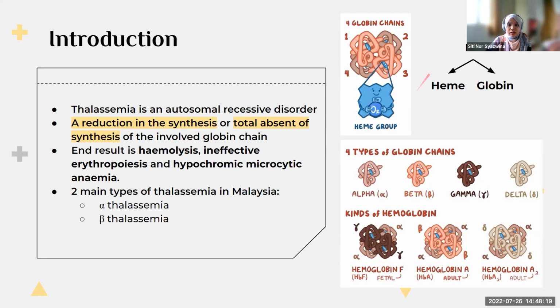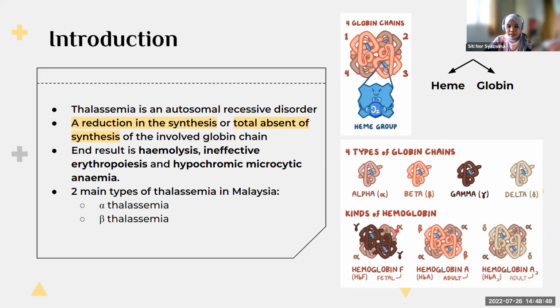So as we know, in hemoglobin, we have the heme group and the globin chains. The heme group contains iron, and we have 4 globin chains in one hemoglobin. There are 4 types of globin chains: alpha, beta, gamma, and delta. Different combinations will produce different types of hemoglobin.